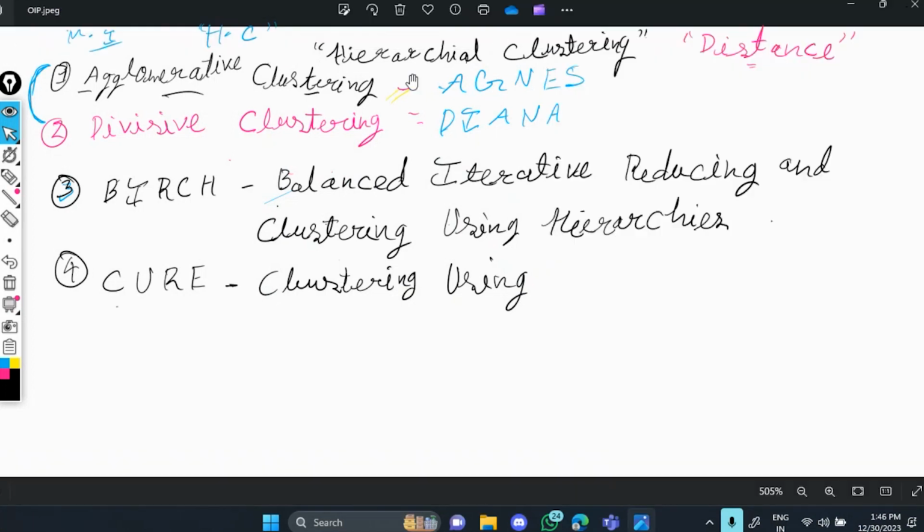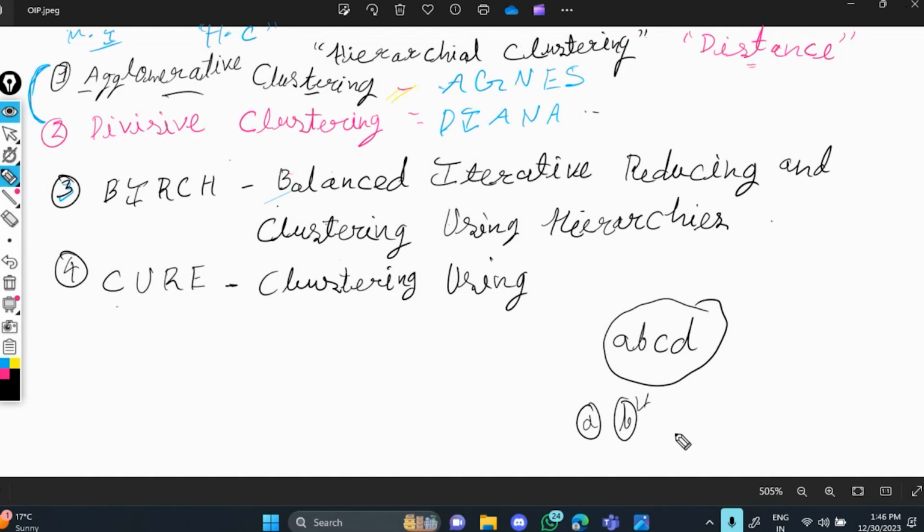But if we are talking about divisive clustering, or DIANA, we have only a single record. I'm typing this here. We have records by name, so you can assume A, B, C, D, right? We have to do clustering here and separate them one by one with the help of distance again.